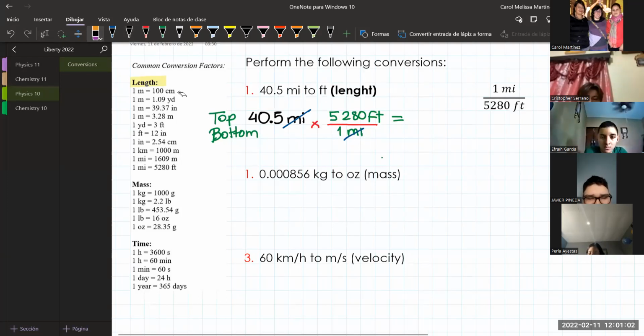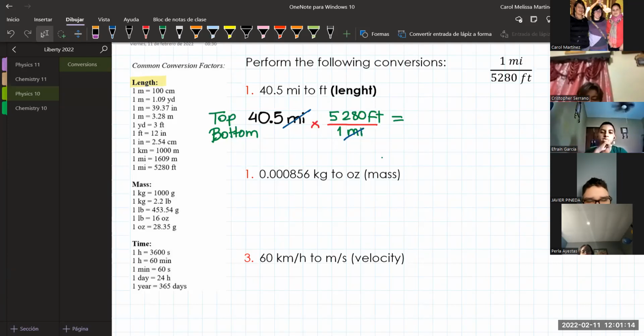Okay, bueno. The purpose of this, in the end, is that units are on opposite sides. But not just the way you write it, also the way you put it in the calculator. So everything that is in the top always multiplies. The top represents multiplication. The bottom represents division.